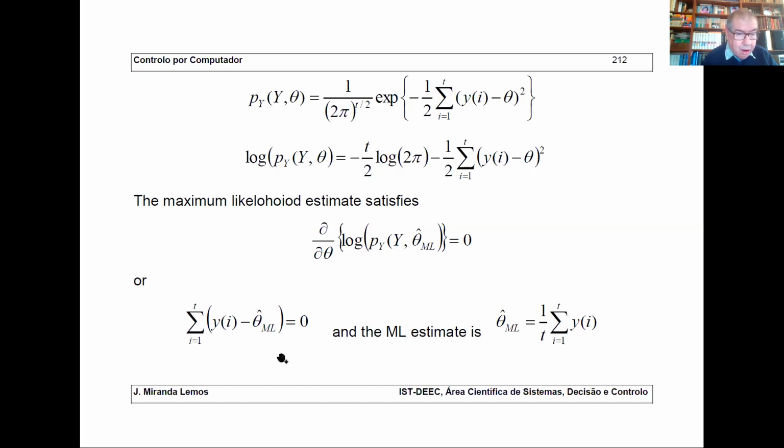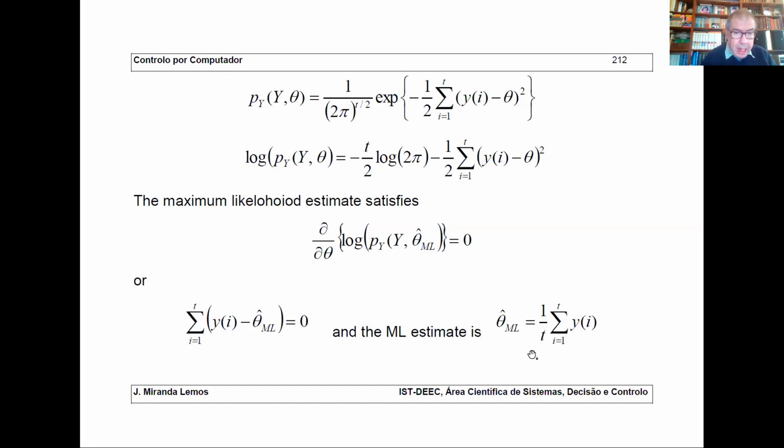And now remember, you have the summation of all the data minus the summation of t terms equal to theta hat maximum likelihood. So when you sum t terms equal, it's t times theta hat. So if you solve this equation with respect to theta hat maximum likelihood, you get this expression, which is the sample mean of your observations.